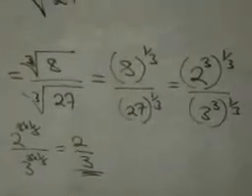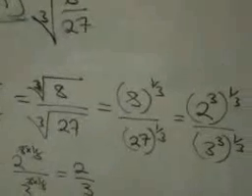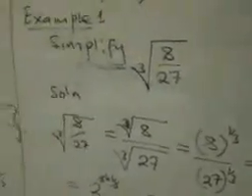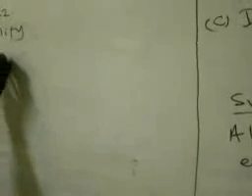Our second example, as we are seeing the surds, is example 2. Simplify 9 plus root of 45 over 3. So now, what do you do with this one?